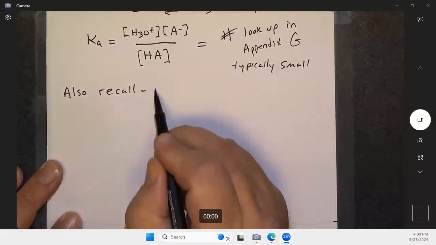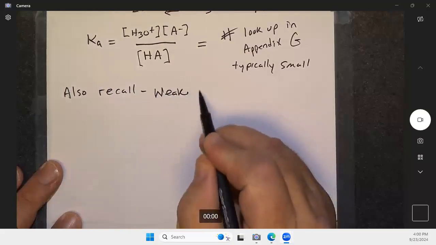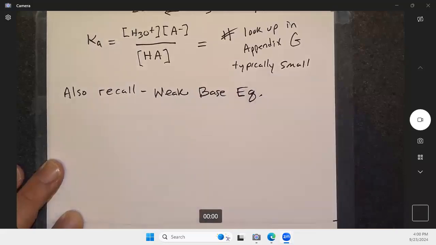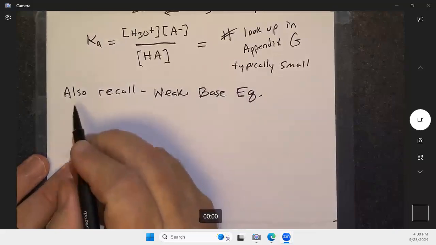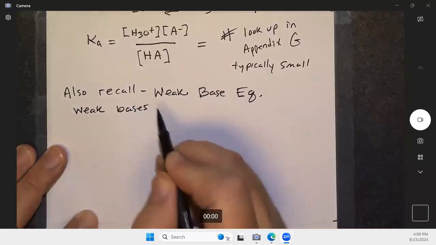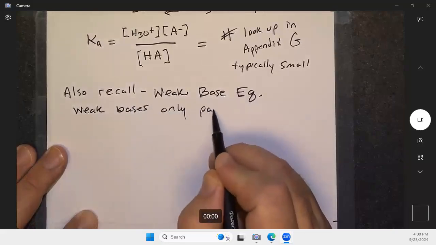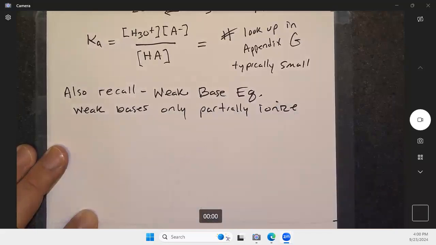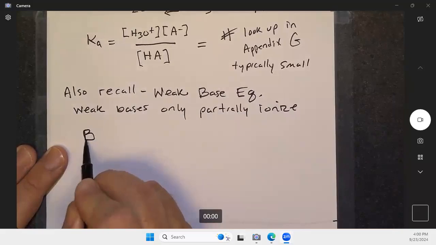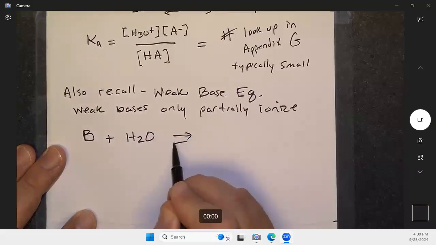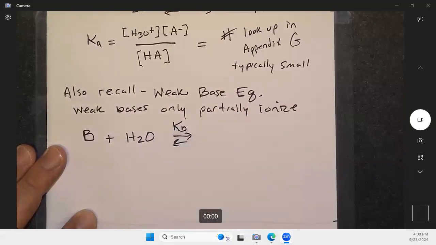So also recall weak base equilibrium. We wrote it before. Well, I'll remind you that weak bases only partially ionize. Before we wrote it as B plus H2O will undergo its Kb reaction.